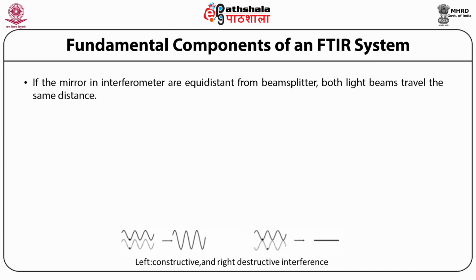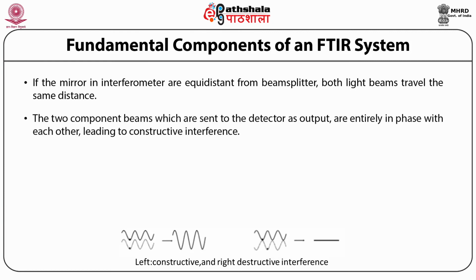If the mirrors in the interferometer are equidistant from the beam splitter, both light beams travel the same distance. When these beams return to the beam splitter, each of them is again split and recombined with half of the light from the other arm of the interferometer.